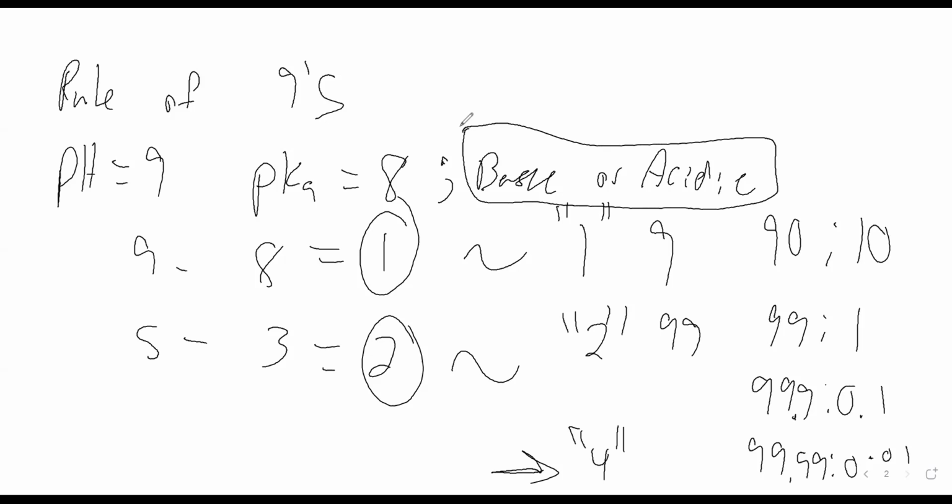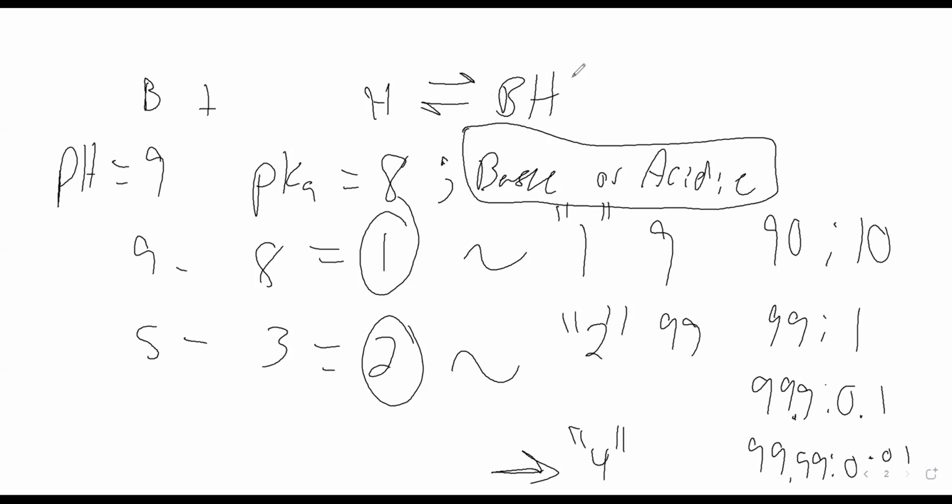So let's say we're dealing with a basic molecule. The way you're going to set that up is it's going to have our base plus our hydrogen yielding the combination of the two, which is that number. So in a state like this, if we add a hydrogen to a base, this becomes our ion.